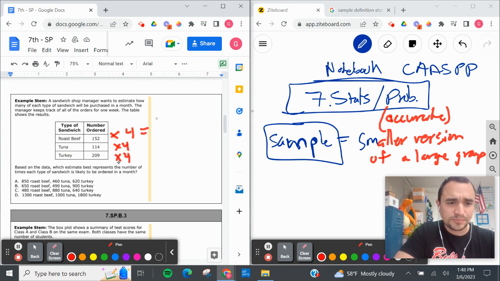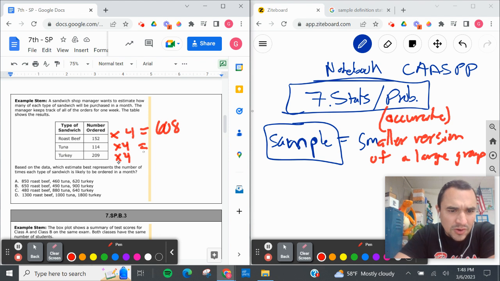So that's going to be 150, 300, 600, 608. This one should be about 4, 12, 16, 456. And this one's going to be 90, 36, 3, and 436.